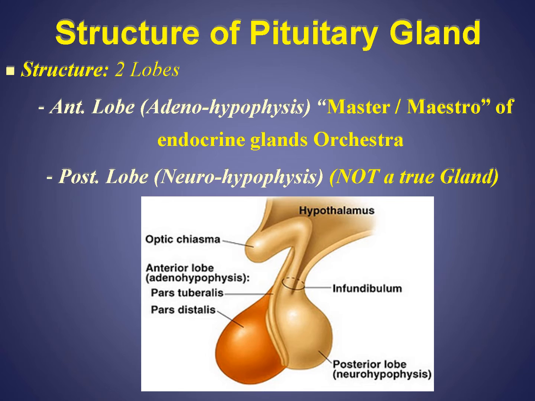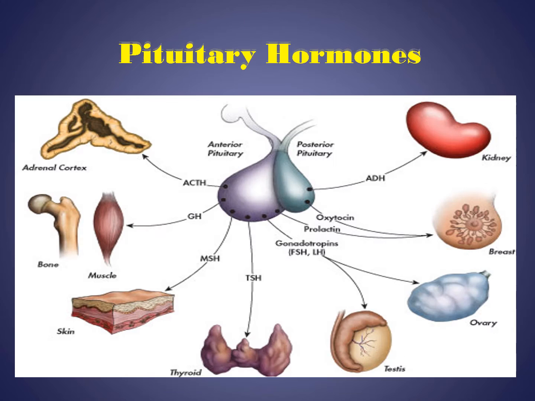This term is given for the anterior lobe only, which is adenohypophysis. It's a true gland, while the posterior lobe is called the neurohypophysis. Neuro means it has a neurological function.